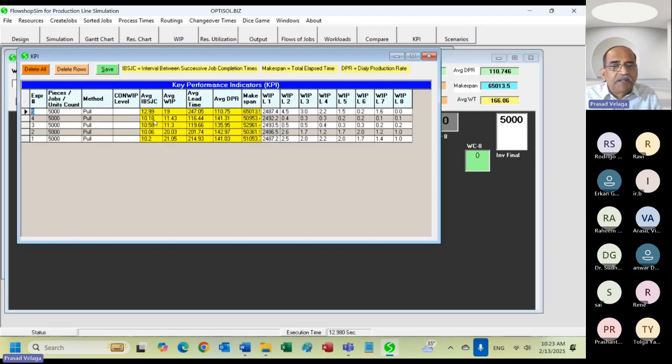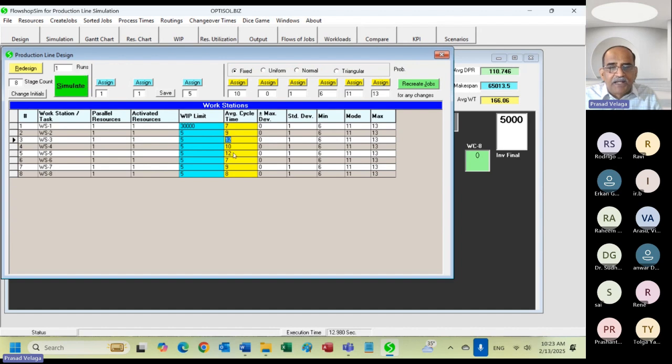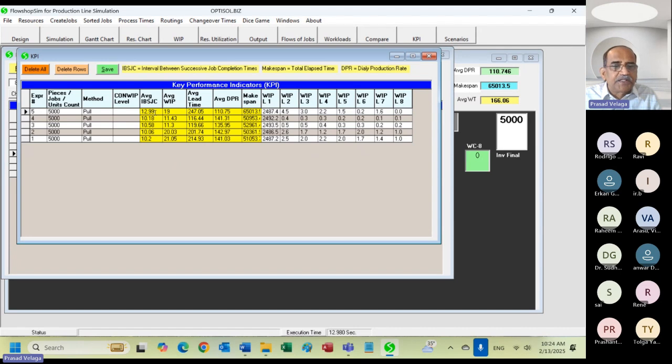Because of the machine failures, the system is producing at 12. Though apparently these are the bottlenecks at 12 minutes, it is producing one piece for every 13 minutes, and the average daily production rate is almost 111.